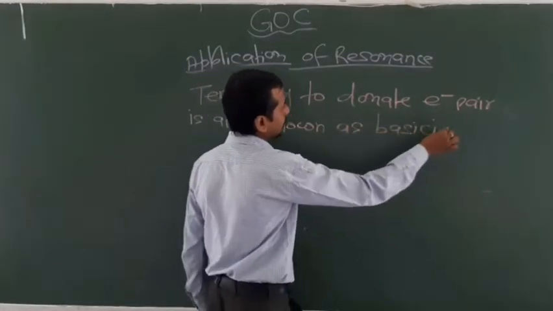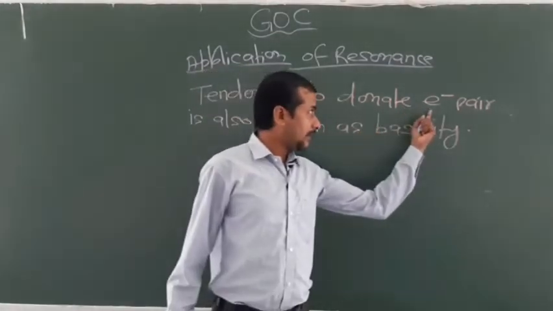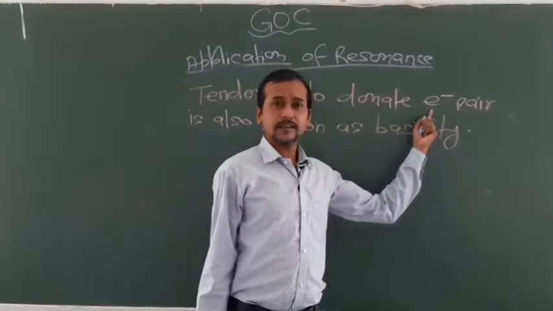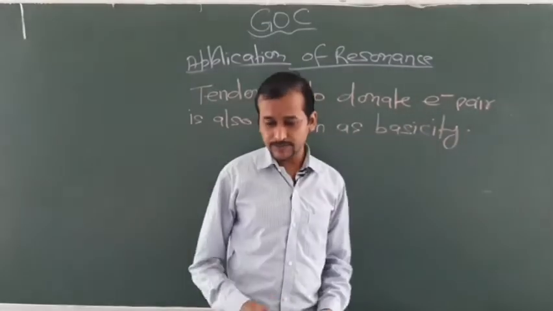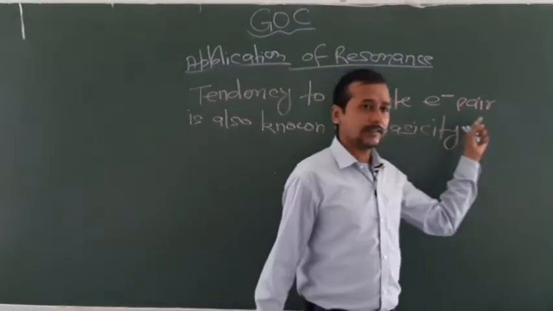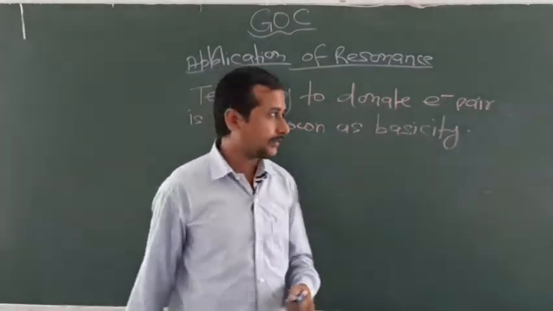The concept of electron lone pair donor and acceptor came from the Lewis acid-base concept. According to it, electron pair donors are known as bases and electron pair acceptors are known as acids.